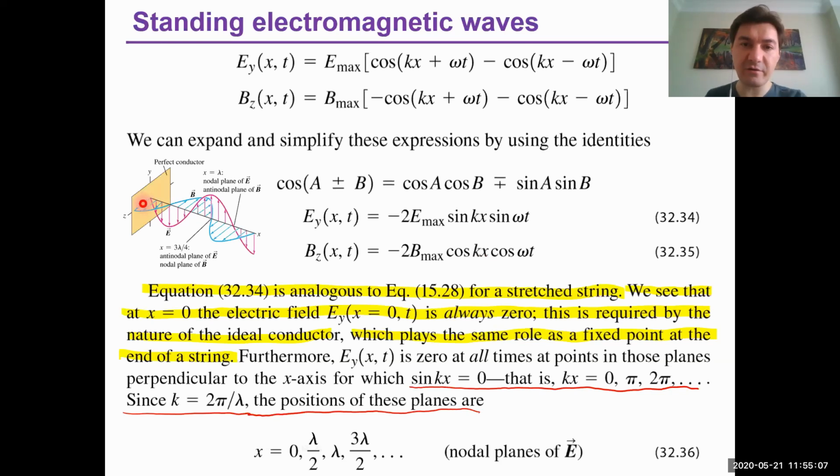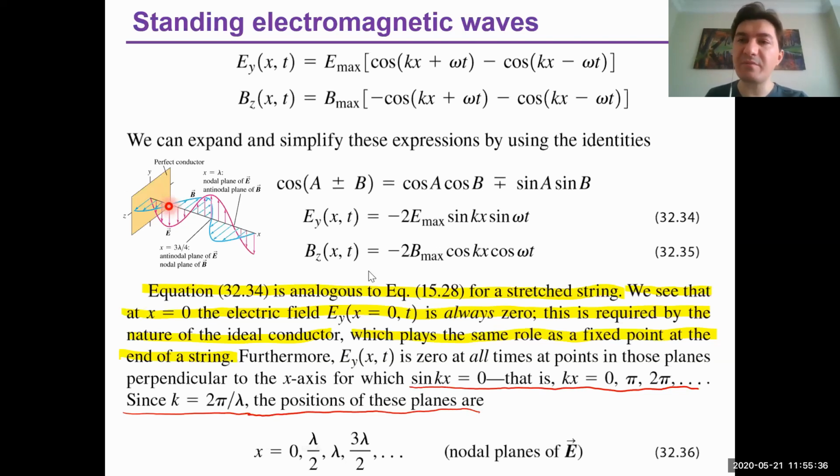When x is 0, kx is 0, and then cosine will give us 1, maximum, B max here, okay? So if we have here x at pi half, 90 degrees, then here we have the magnetic field 0, because the cosine function will be 0 here and cosine function will be 0 here.